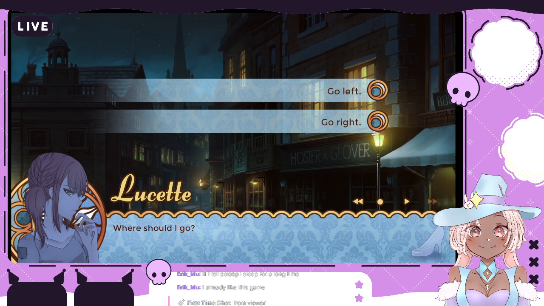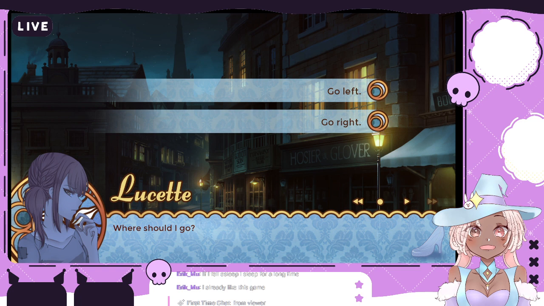Okay, we reached a decision. Go left or go right? I don't know. Where should I? Like, I don't know. Is this, what's it called, a game where the choices affect the path that it takes?